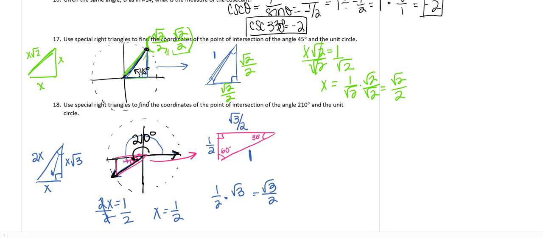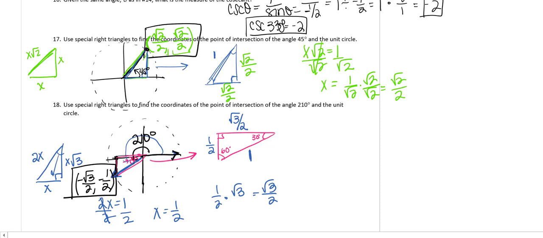But I also know that because both of these are in quadrant 3, what we're really doing here is we are going square root 3 over 2 to the left, right? Because we're having to get to this point on the x-axis, which is to the left of 0. So my x value is negative root 3 over 2. And we're going down 1/2, so my y value is negative 1/2. And we are good to go.